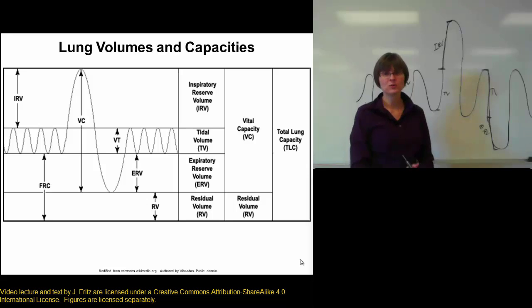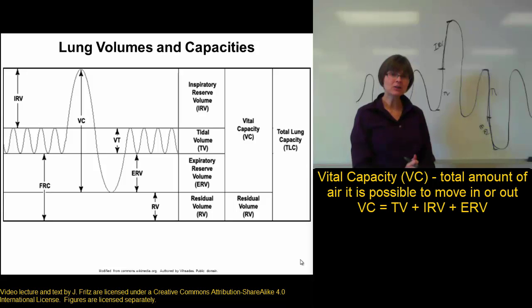These are what we refer to as the lung volumes. We can start adding some of these numbers together to get what we call the lung capacities. The one I want you to know about is the vital capacity. The vital capacity refers to the whole amount of air that you have the ability to move.